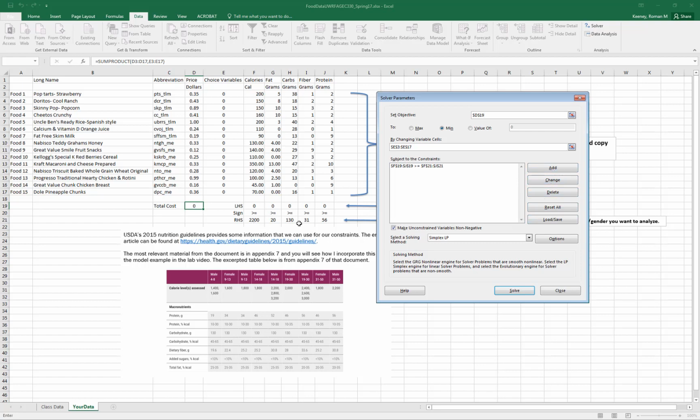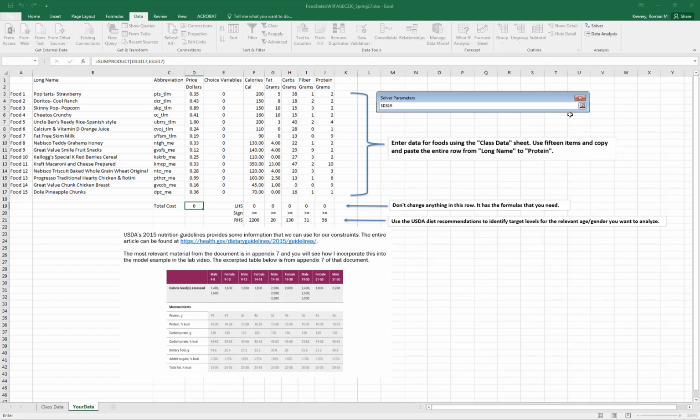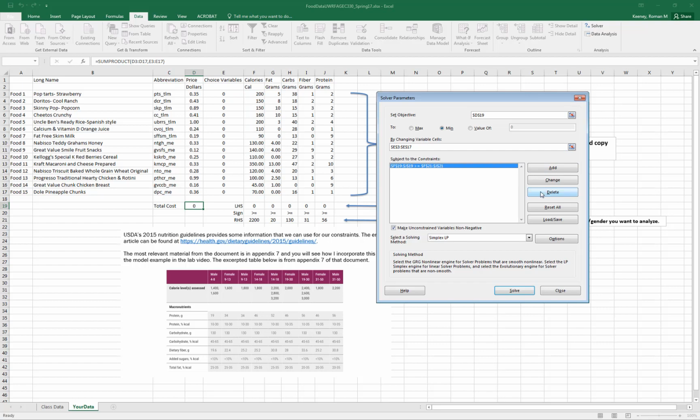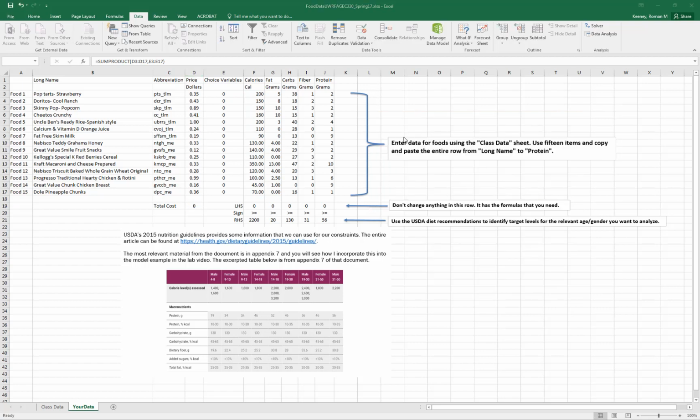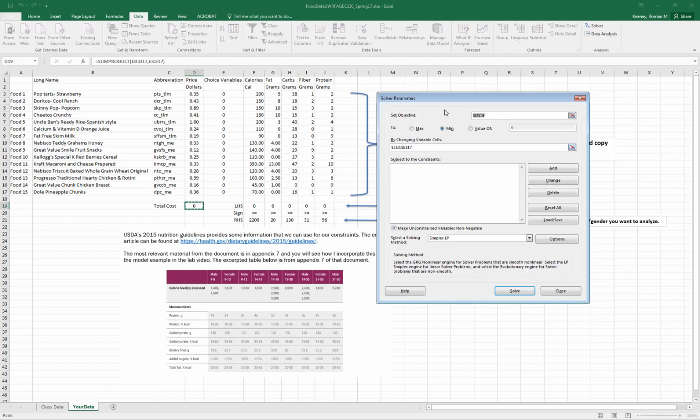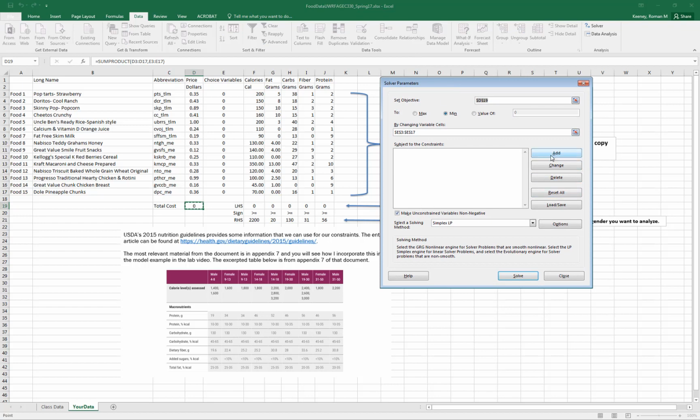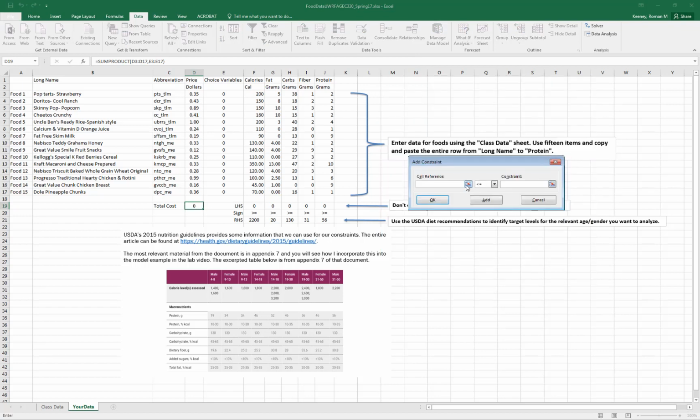If for some reason this stuff wasn't there, you just go through and click on the red buttons and select wherever your total cost is calculated and wherever the changing cells, the choice variables, are. In this case, I'll delete it and put it back so you can see how to do it. Subject to the constraints, you would just click on Add.